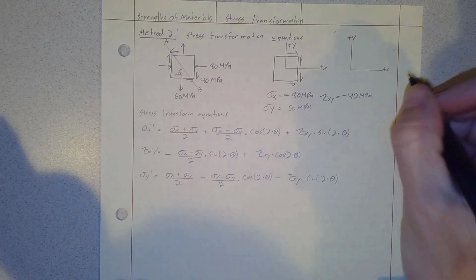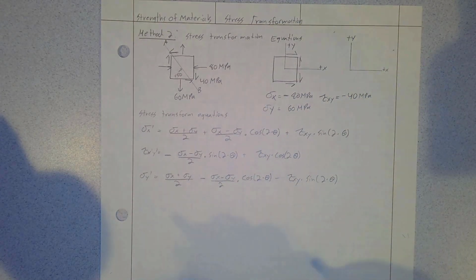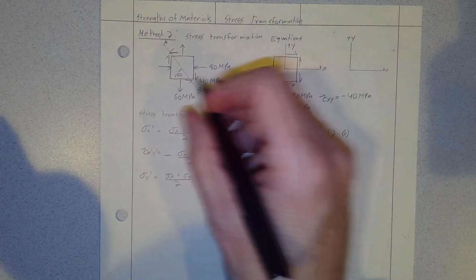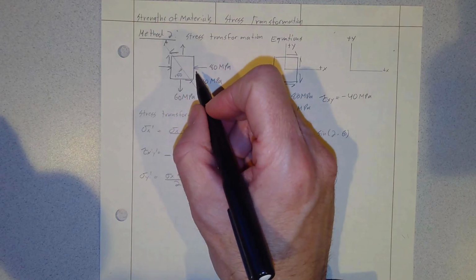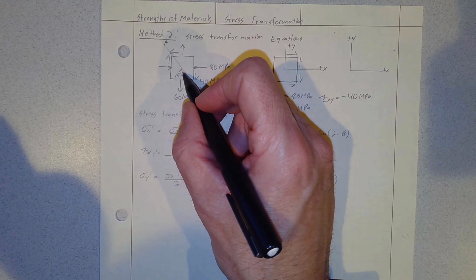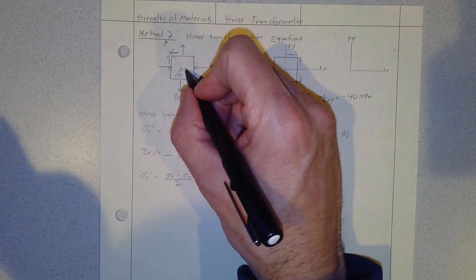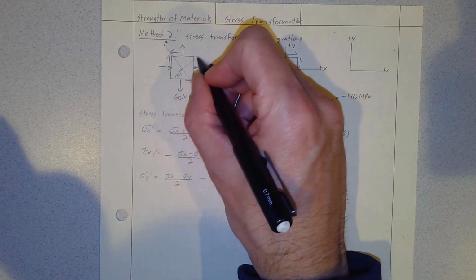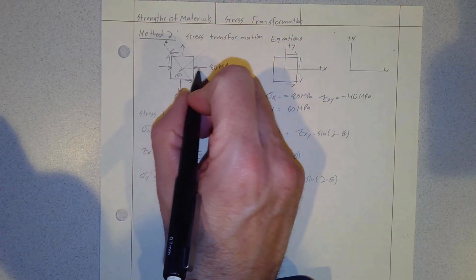Okay, so that's our stress sign convention, but we also have to remember our angle sign convention. In this case, we were asked to find the stress on a plane AB that's rotated from the left 50 degrees, or another way of thinking of that, as we drew before, if this is our x, if it's 50 degrees there, that means that this angle would be 40 degrees.